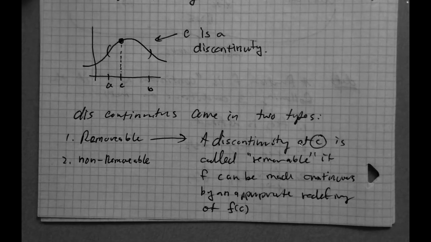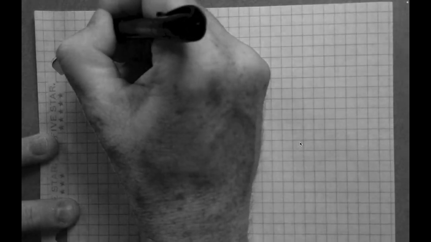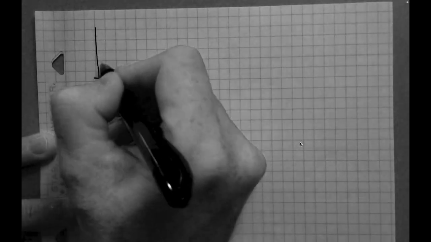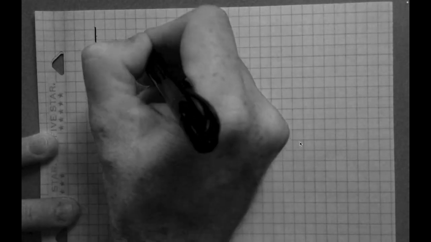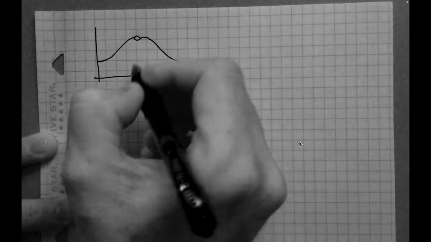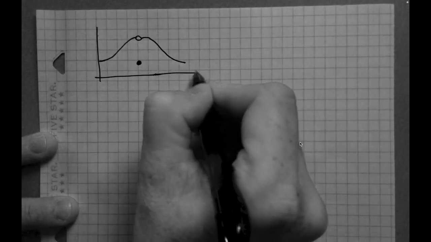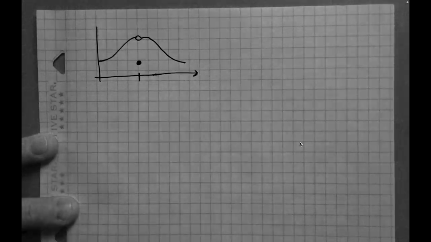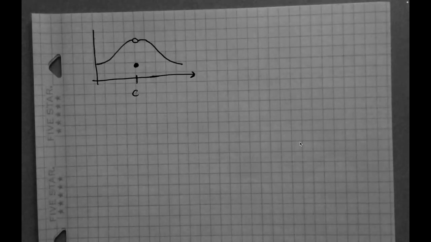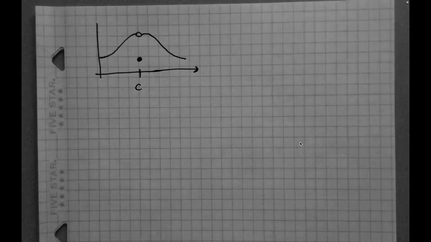Okay. So another example of a removable discontinuity might be something like this, where let's say I've got a function that kind of comes up like this. I've got a hole and it goes along, and then for some reason the function is defined differently here at c. So this would be an example of a removable discontinuity.